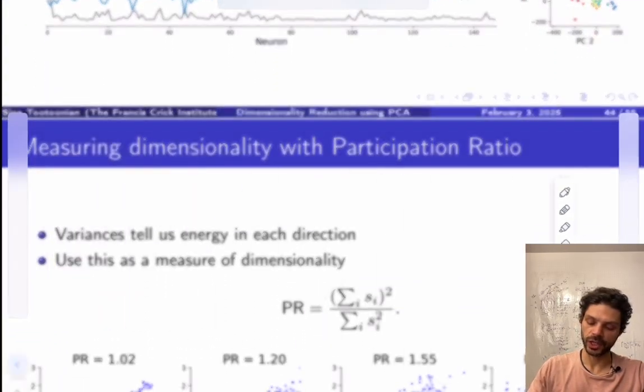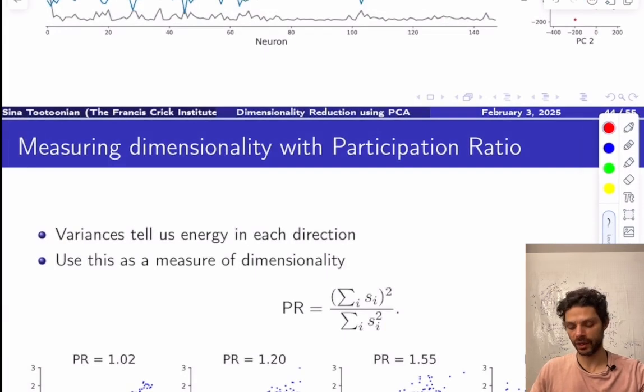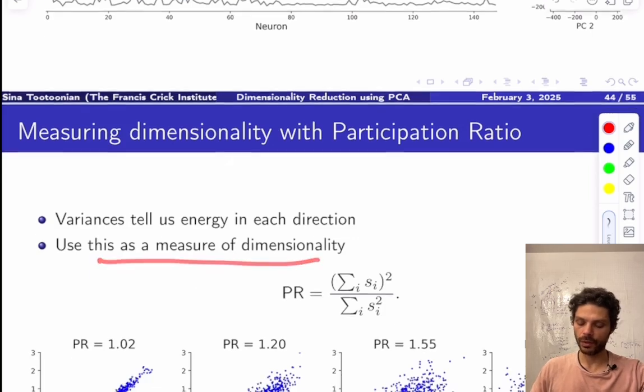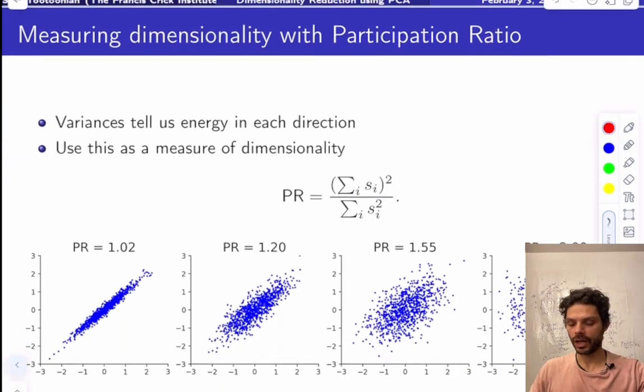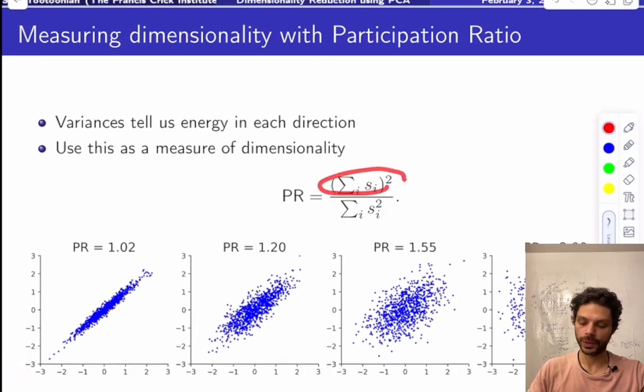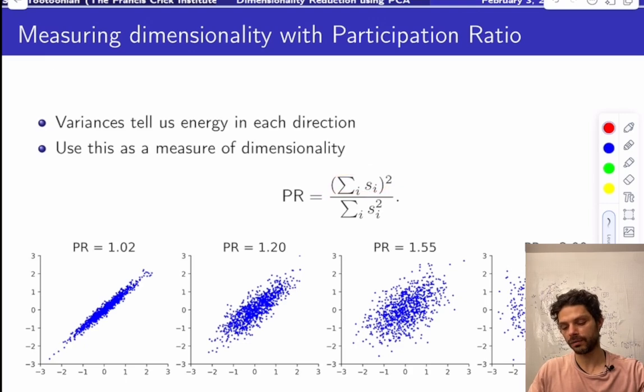Another nice aspect is that we can use those singular values, the variances along each direction, to measure dimensionality. The way we do that is we normalize. We take the square of the sum of the variances, and we divide by the sum of the squares.